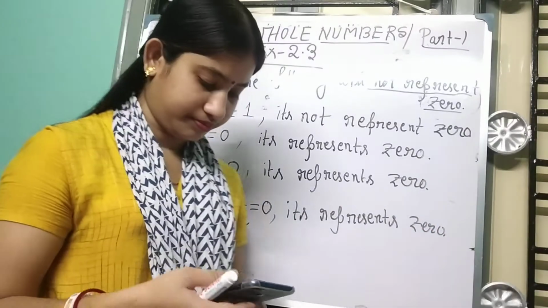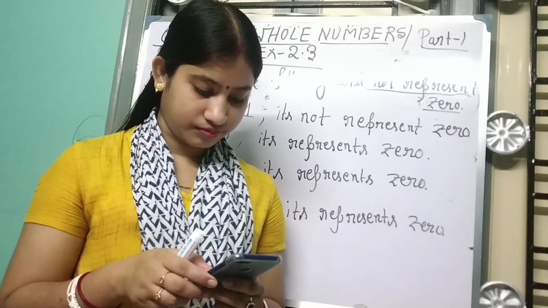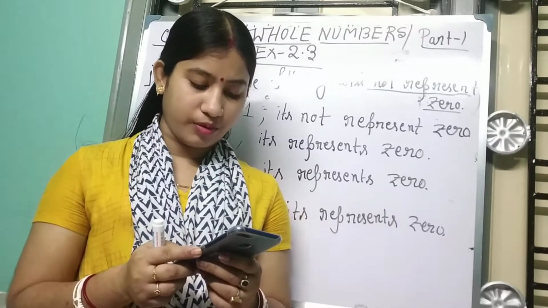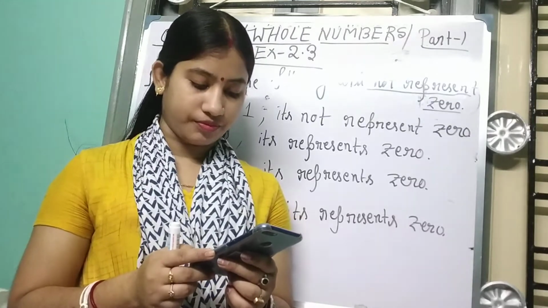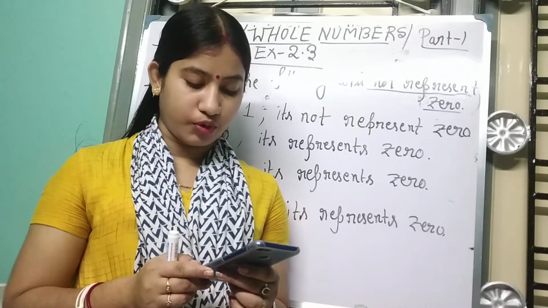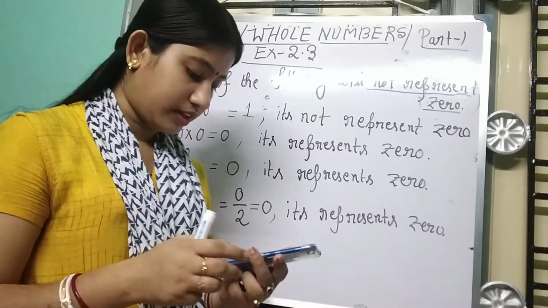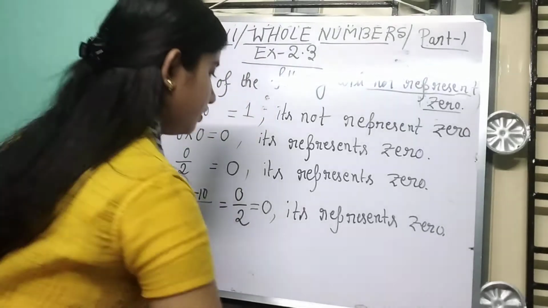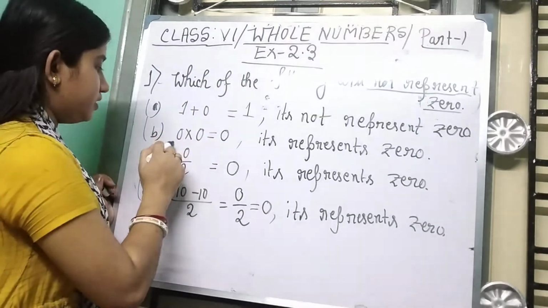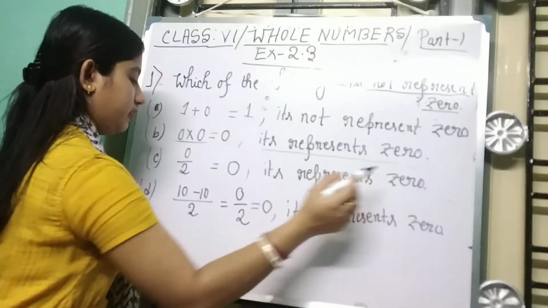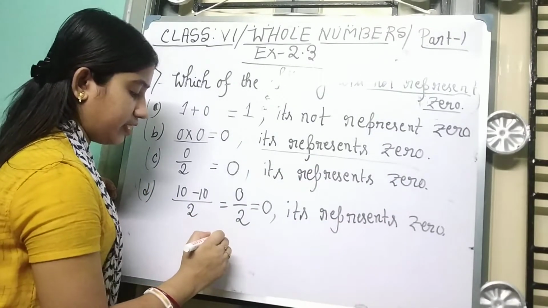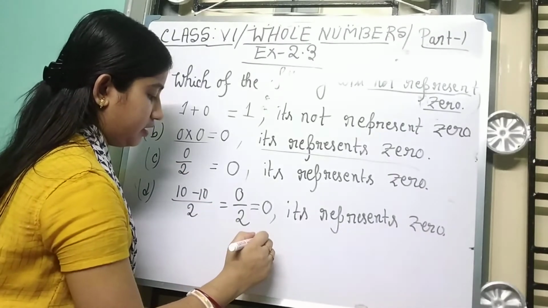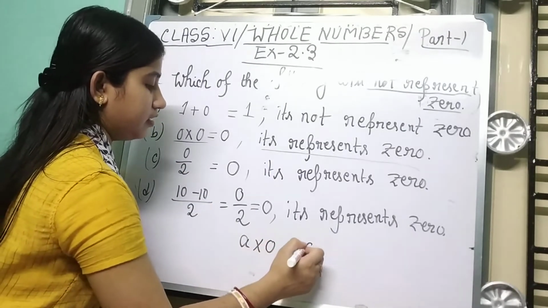Next, number 2. Here it says, if the product of two whole numbers is 0, can we say that one or both of them will be 0? Given the product of two whole numbers is 0. Now from this we see that if we multiply any number, non-zero or 0, suppose A into 0, then we get 0.